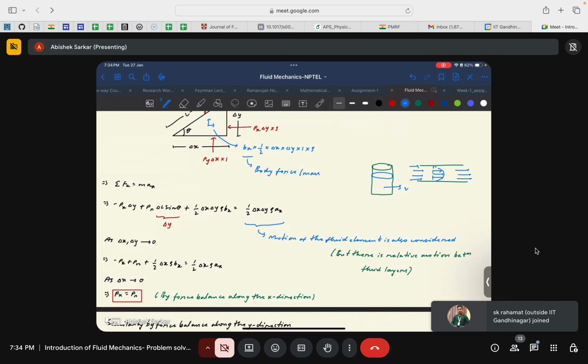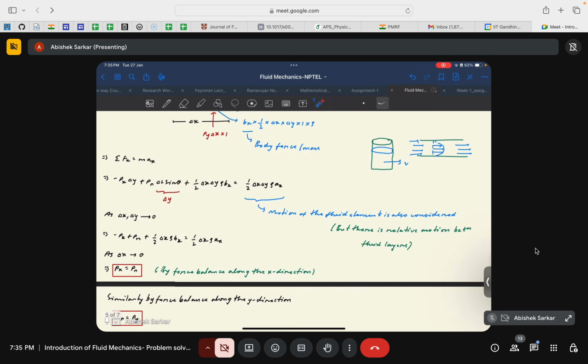So even though the fluid is moving, there is no relative motion between the layers of the fluid. This kind of motion, when there is no relative velocity between the layers of fluid in a fluid element or in a lump of fluid, we consider to be a rigid body motion. So we consider the acceleration of these kinds of scenarios.